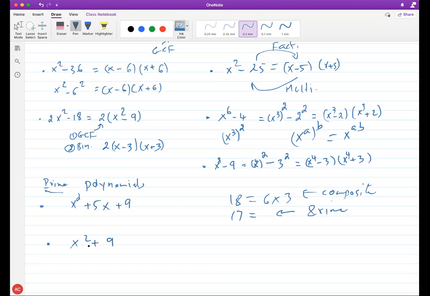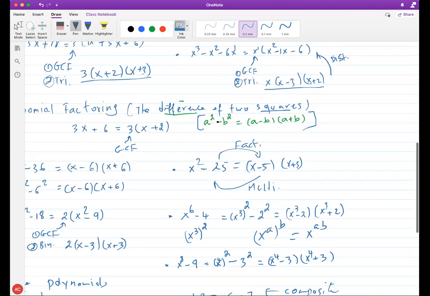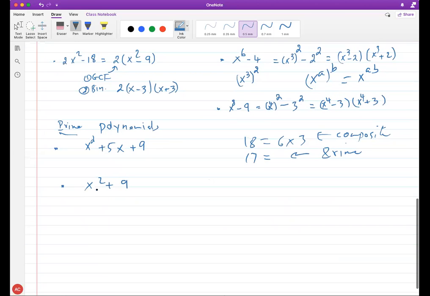There's another one here. If you look at this, there's no GCF. We can't apply the difference of two squares. This works if you have a minus here. Whatever you think might be the answer, you're probably thinking about this, but it's not going to work, because the 3's are not going to cancel out.